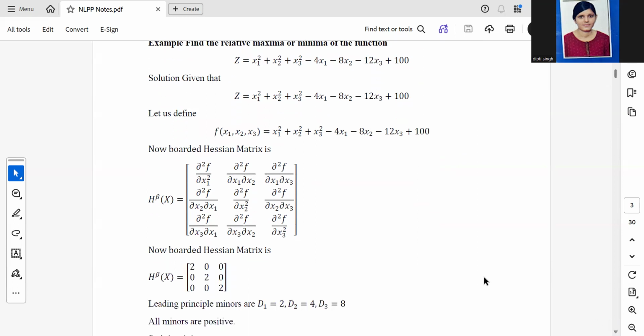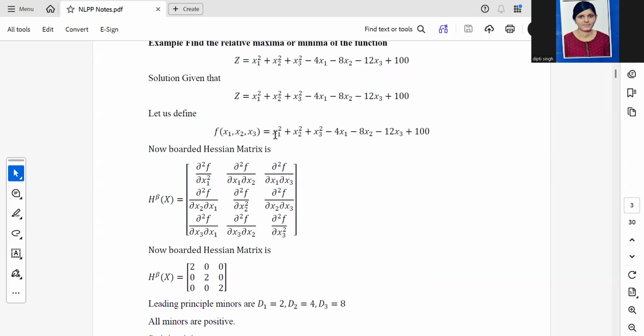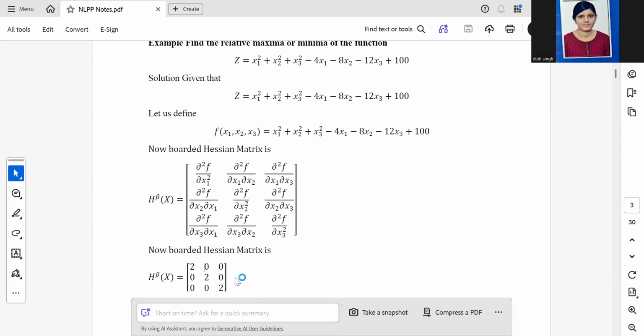Find the partial derivative of this function twice with respect to x1, then first x1 and then x2, likewise for the rest. So we calculate this matrix and obtain 2, 0, 0, 0, 2, 0, and 0, 0, 2.